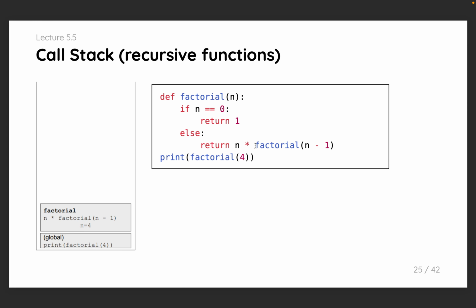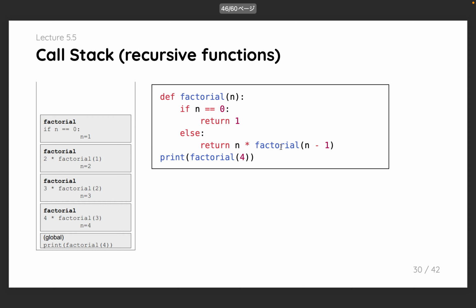Factorial of 3 is yet another function call. So we put on another plate with n is equal to 3. As you can imagine, we do pretty much the same thing, simplify that, and make a call to factorial of 2. Do the same thing again for factorial of 1 and for factorial of 0.